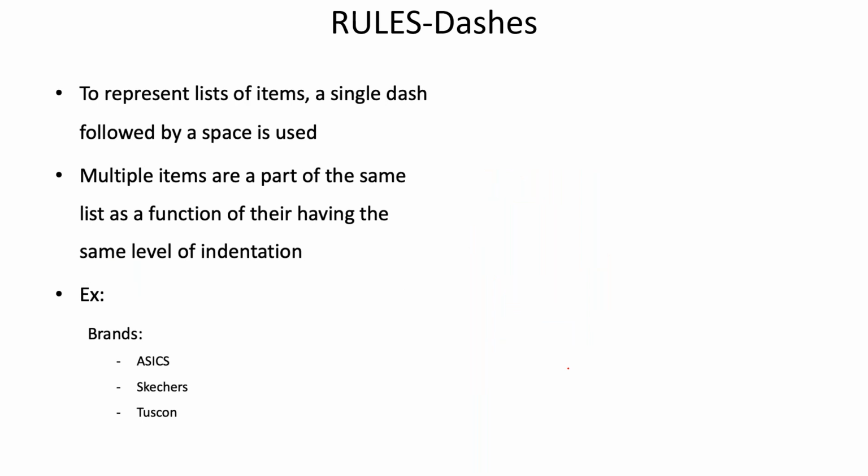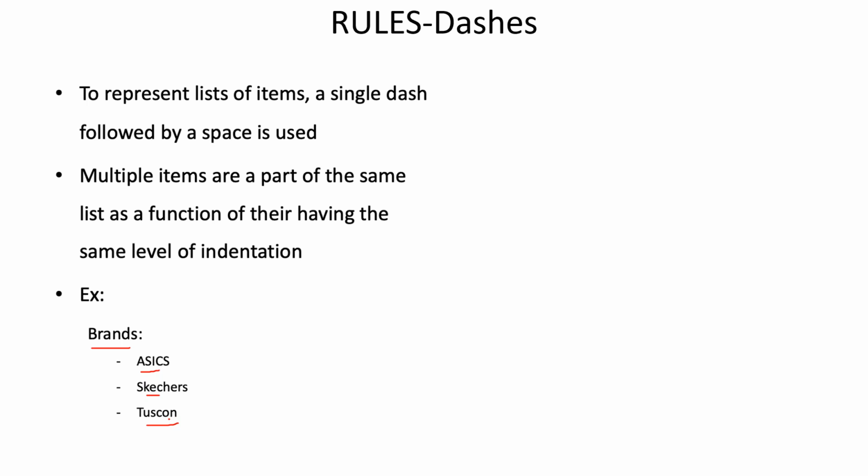One last thing regarding the dashes. What do you mean by dashes? Very simple. Let's say I have to store different values, the items which I like, for example, the brands I like. So in this example, I have given brands. Brands are followed in different lines.